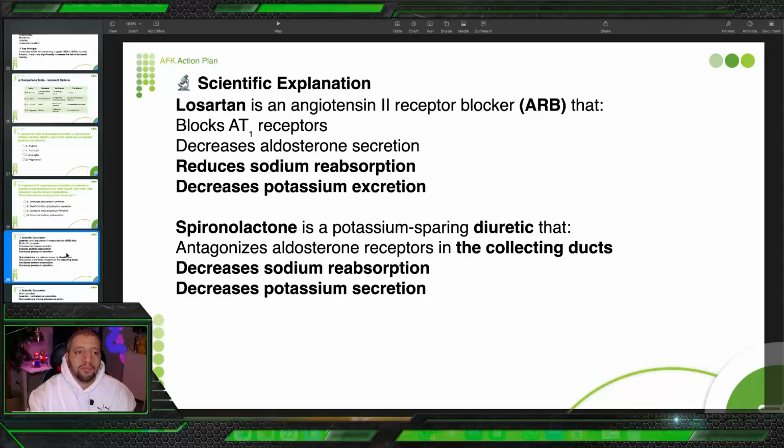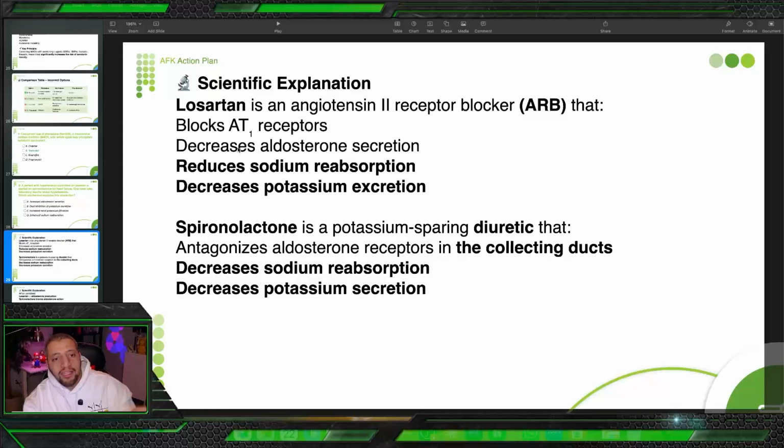Again, break down all the medication. Losartan, angiotensin II receptor blocker, which is ARB, blocks the AT1 receptor, which is going to decrease aldosterone secretion. Because we have renin from the kidney, angiotensin I from the liver, together in the lung become angiotensin II. This angiotensin II works to get more aldosterone, do vasoconstriction, more water retention, increasing blood pressure. So losartan acts over this angiotensin II receptor to block it.